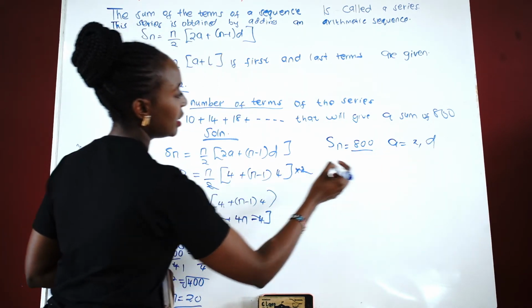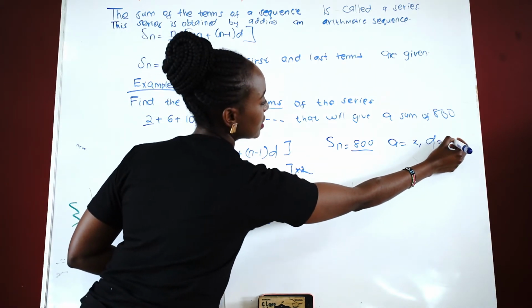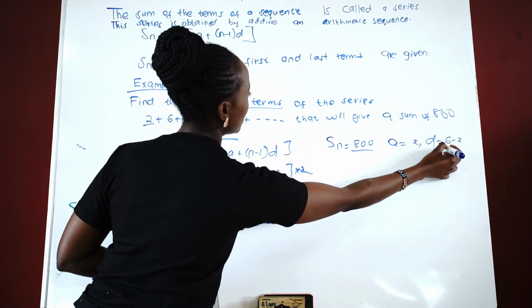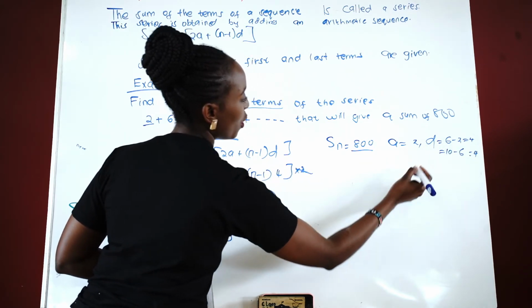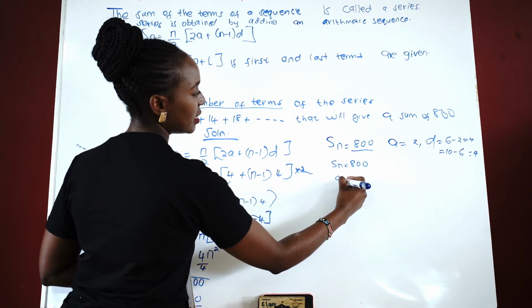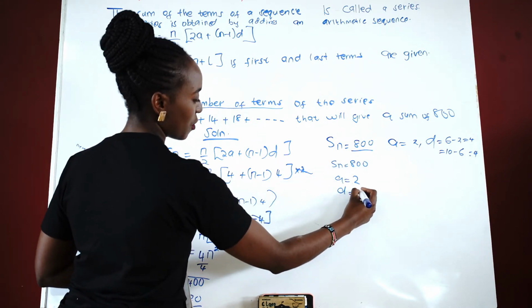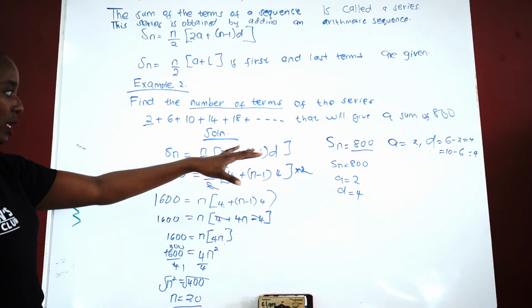Our d should be 6 minus 2, okay? It could even be found with 10 minus 6, and it's actually the same, 4. So already we have Sn is 800, our a is 2, and our d is 4. So come here directly and apply them to the equation.